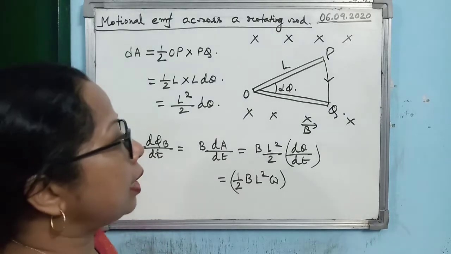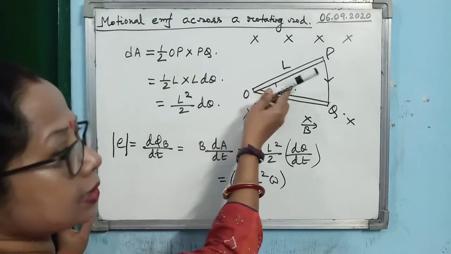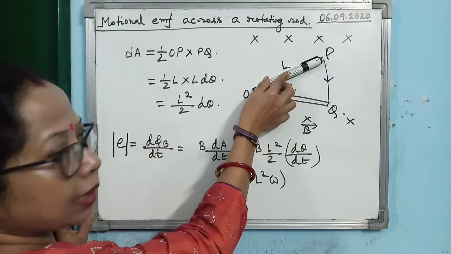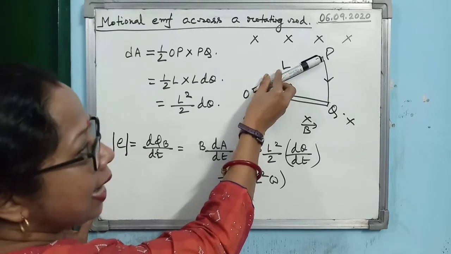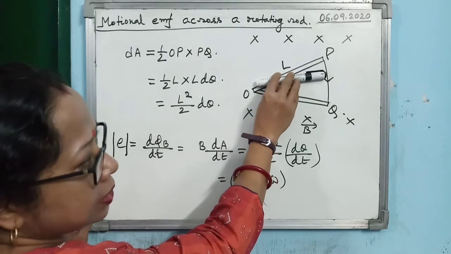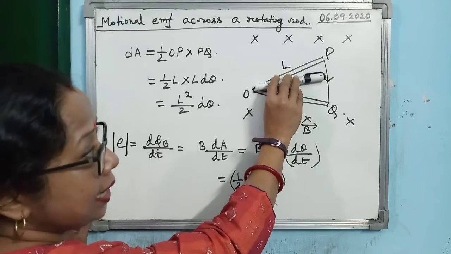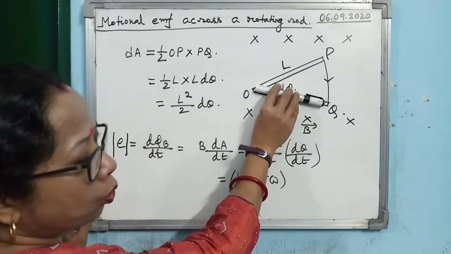Here I have considered that OP is the initial position of the conductor of length L, and then it rotates in time dt and comes to the position OQ.